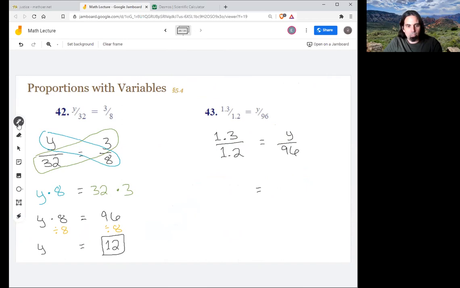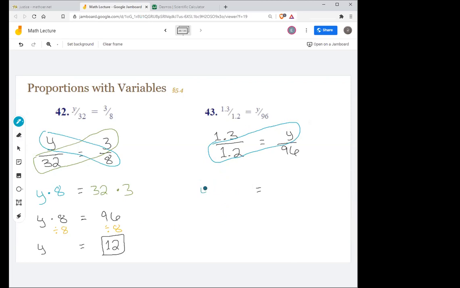So I'm always going to pick the diagonal that has my letter to put on this side. That's just a habit I have. It makes the problems all work the same. When I am multiplying y and 1.2, doesn't matter which one I write first in the multiplying. No, we just talked about that.